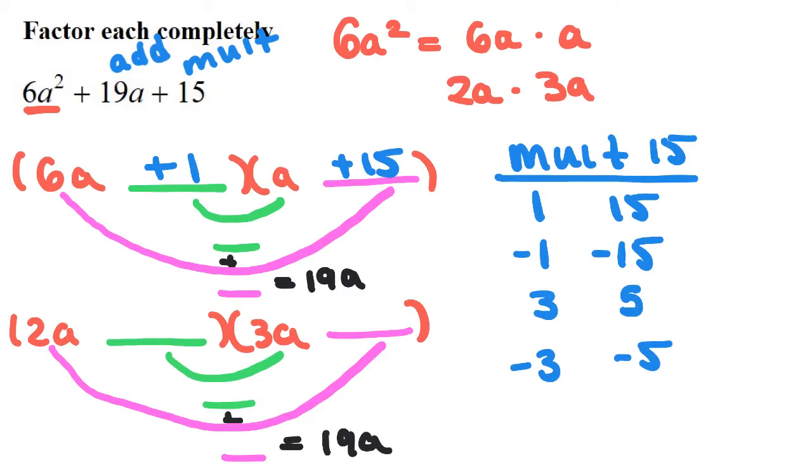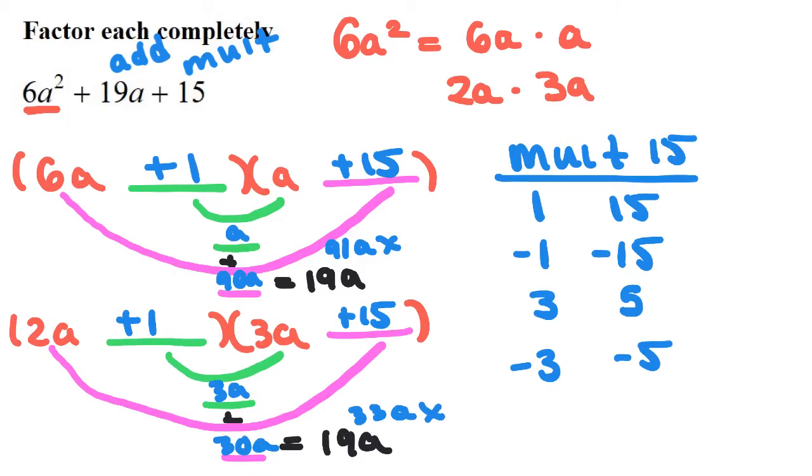If I do that, that gives me a value of a, and the 6a times 15 gives us a value of 90a, which adds to 91a, so it doesn't work. Now if I fill in plus 1 plus 15 in the second, the 1 times 3a gives me a value of 3a, and the 2a times 15 gives us a value of 30a, which is 33a, so it does not work.